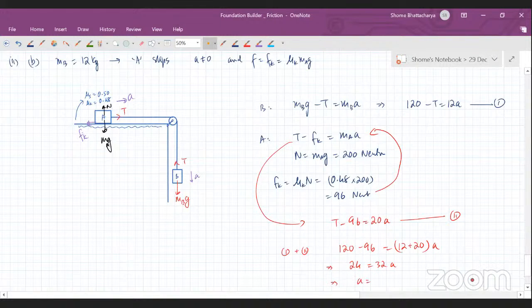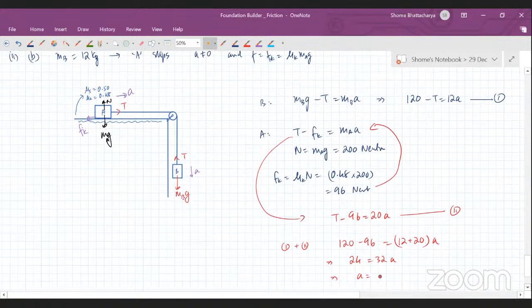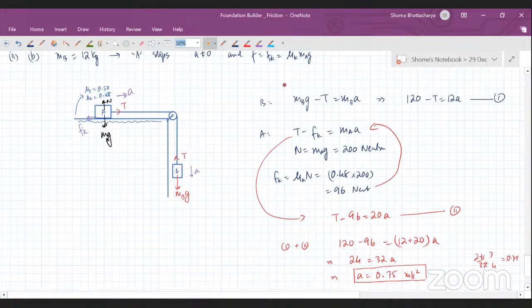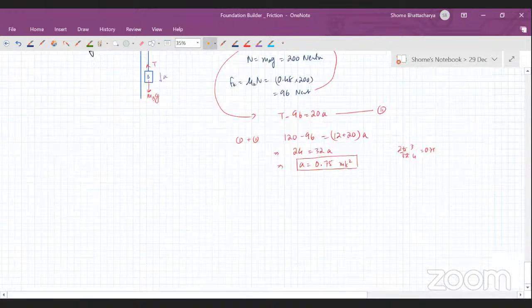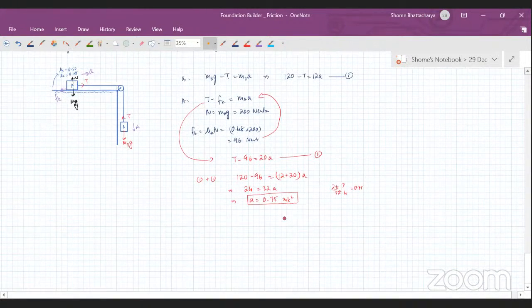So this will be the acceleration. This will be the magnitude of the acceleration, and the friction acting will be kinetic friction, which we've already calculated, of 96 newtons.